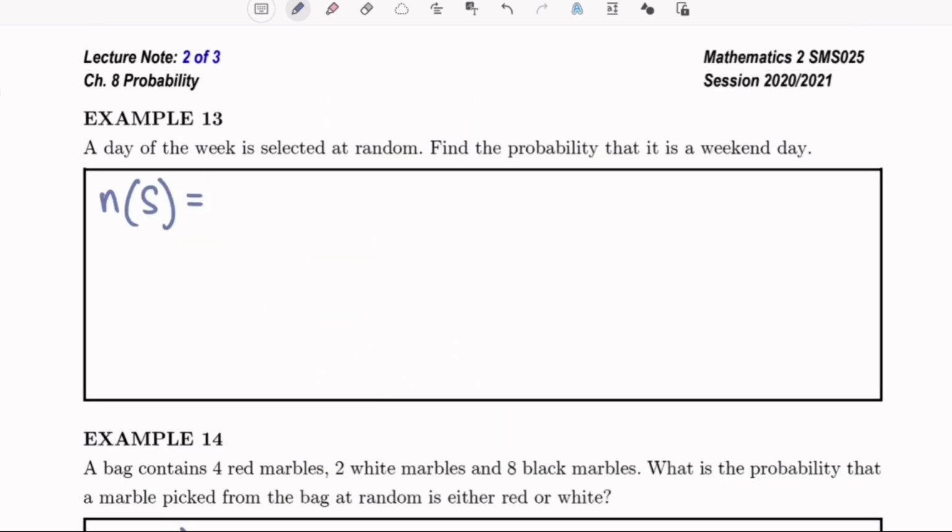Example 13. A day of the week is selected at random. Find the probability that it is a weekend day. There are 7 days in a week, and the probability of selecting a specific day of the week is 1 over 7. The question is asking for the probability of weekend, which is either Saturday or Sunday.